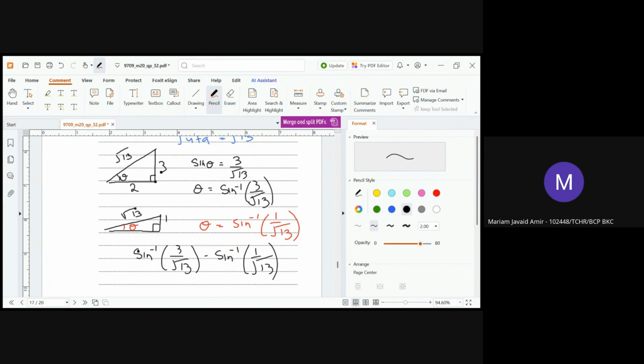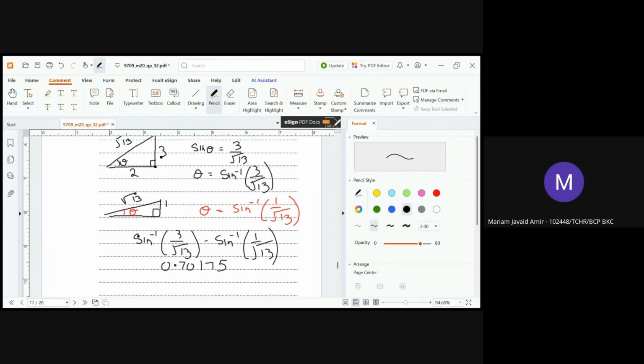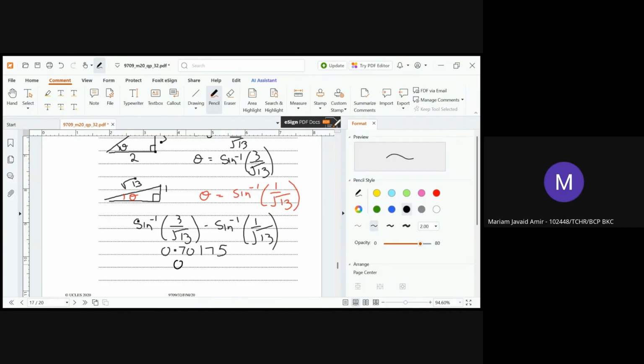So sine inverse of 3 over root 13 minus sine inverse of 1 over root 13 gives us 0.70175, which gives us 0.702.